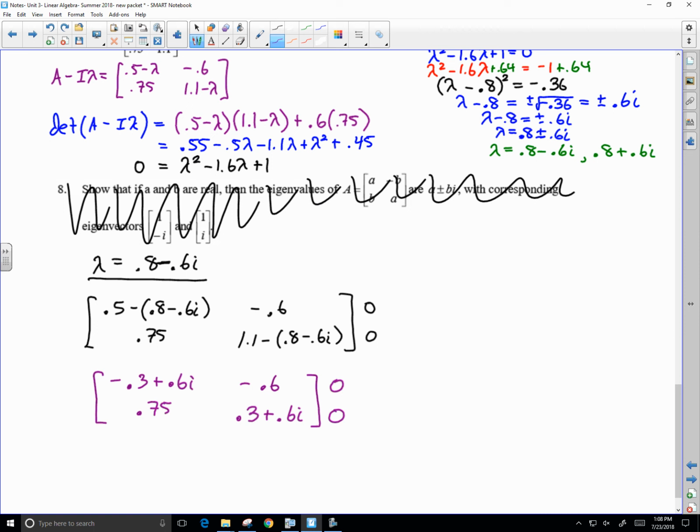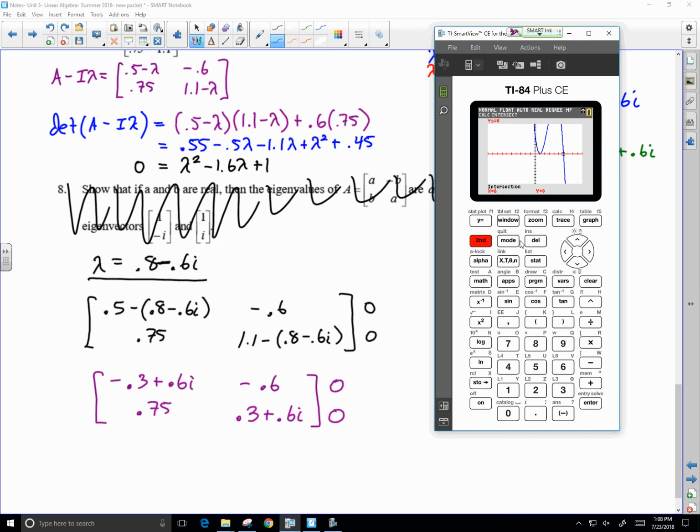All right, so what we would have to do at this point is row reduce. Notice, I've actually never tried this. It's weird. I thought I've tried everything with my calculator. I've actually never tried it with a complex number before, which is strange. No time like the present. Why not, right?